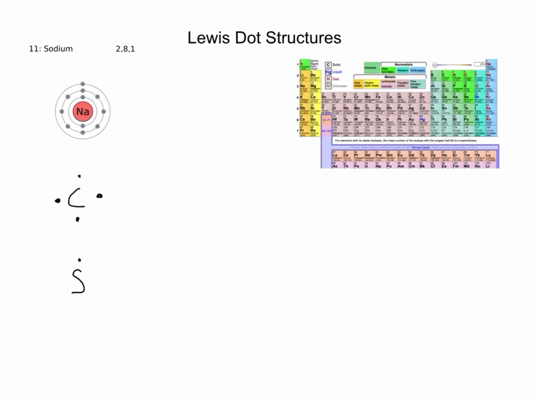I'm going to put 1, 2, 3, 4, 5, 6 electrons. Notice how I didn't pair them until I put 1 electron on each side.